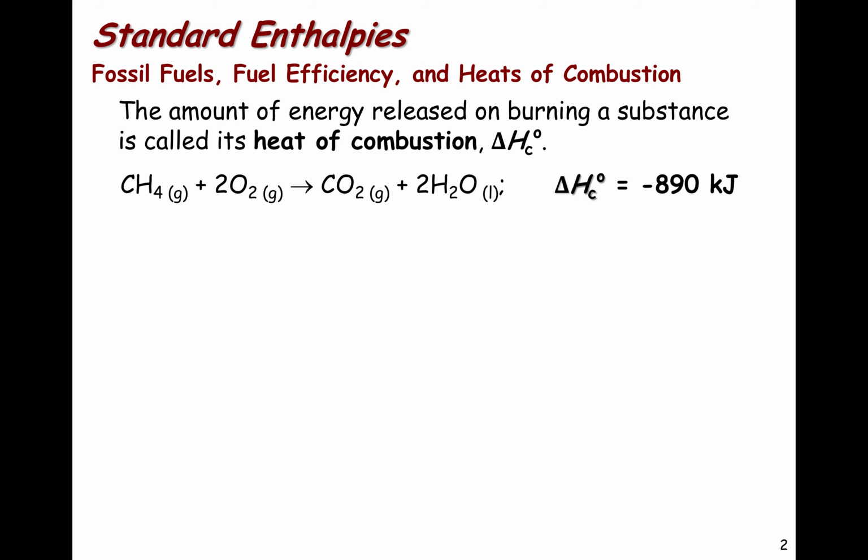As an example, we could have the enthalpy of combustion when we were to do the complete combustion of methane, as you see here. This is an exothermic process and produces 890 kilojoules for every 1 mole of methane that is consumed.